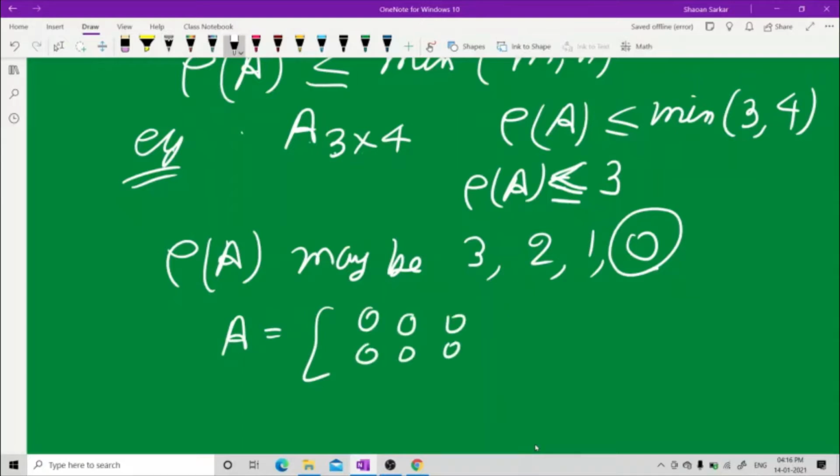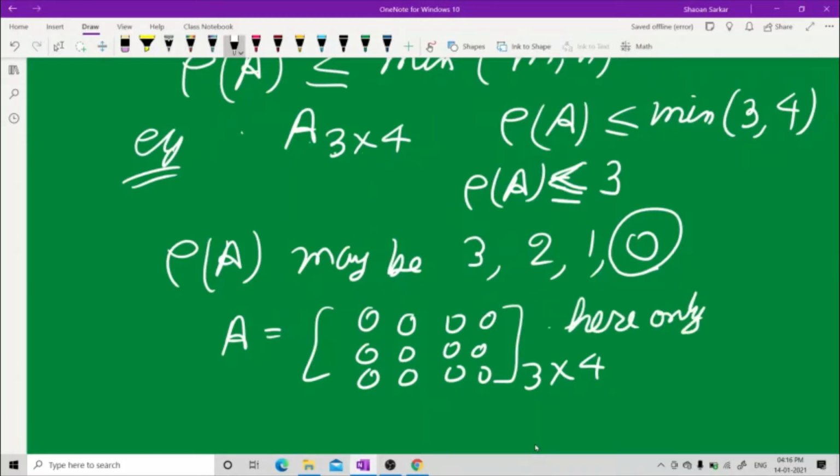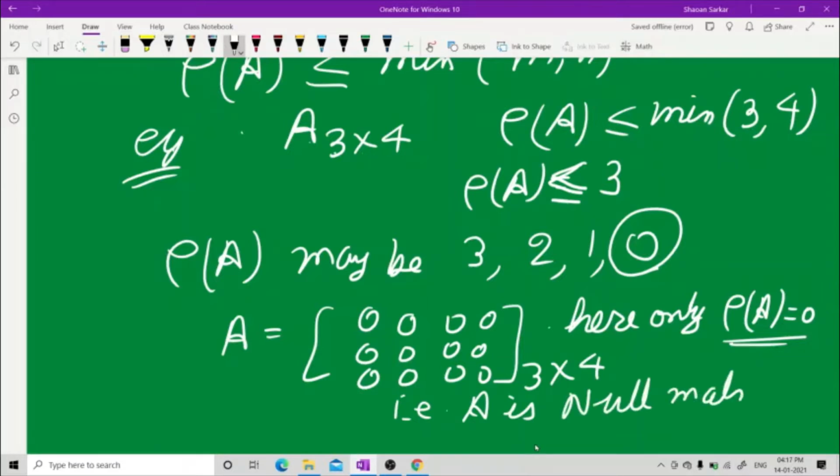In that case only, say this is a 3 cross 4 matrix, you will have the rank of A as 0, that is, if A is a null matrix. Otherwise it could be rank 3, rank 2, or rank 1.